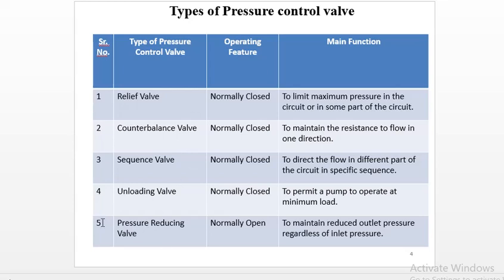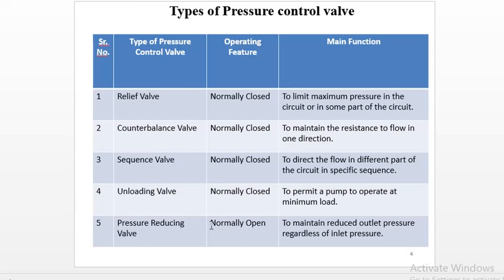And the second principle is restricting the flow to a particular region of the circuit. Based on that, the pressure reducing valve works.